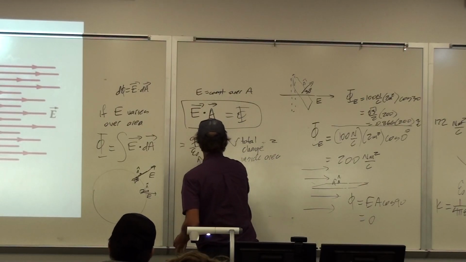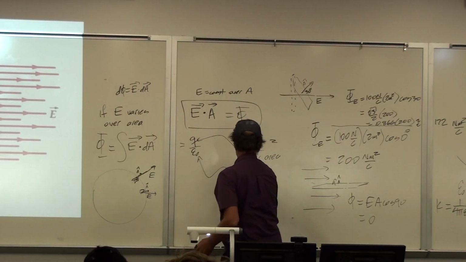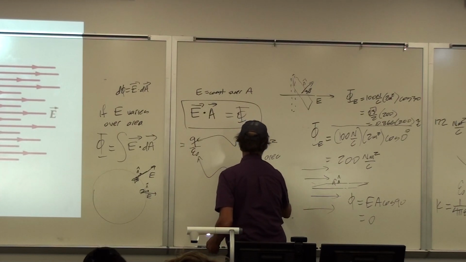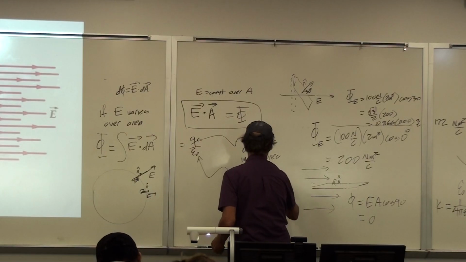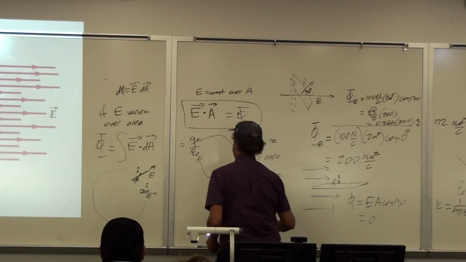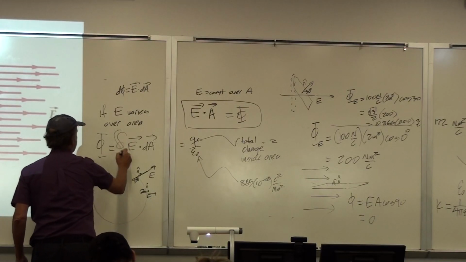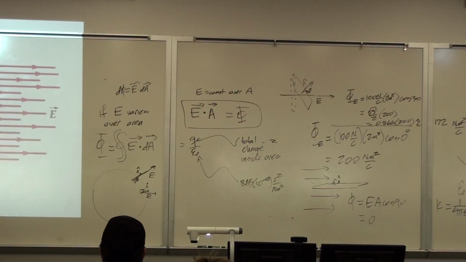And epsilon naught is our Coulomb constant, 8.85 times 10 to the minus 12 Coulomb squared per newton meter squared. So this is Gauss's law. Sometimes it's written as a double integral over a closed surface.